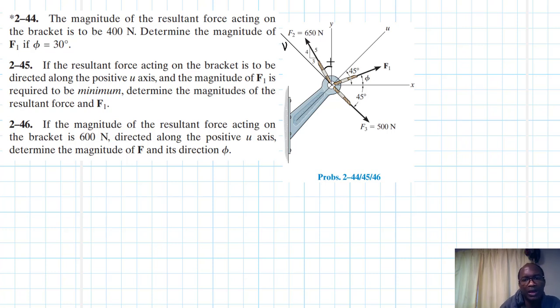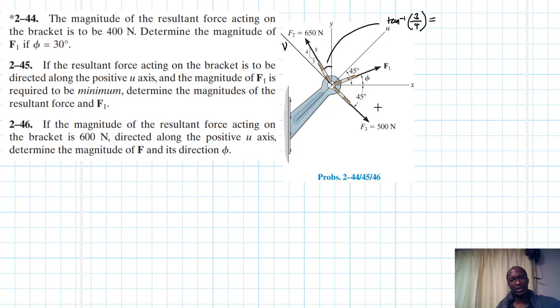That angle there, let me call it alpha. This angle is just going to be equal to tan inverse of 3 divided by 4. Remember, tangent is opposite over adjacent.